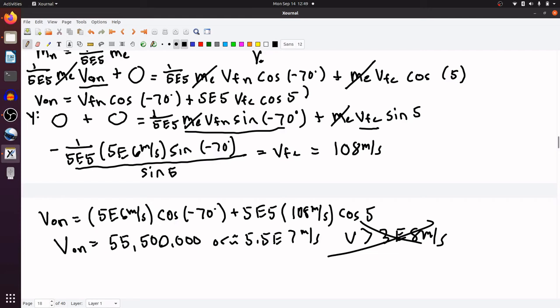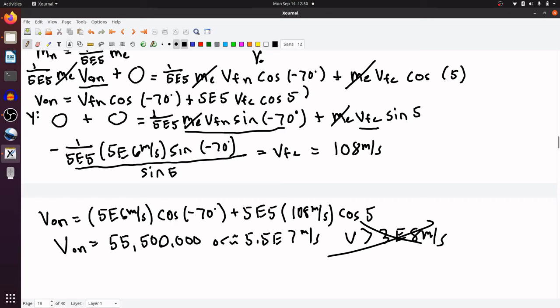That's the speed of light. Nothing that we know of can move faster than the speed of light in a vacuum. So that's a way of knowing you did something wrong if you get a value larger than that.